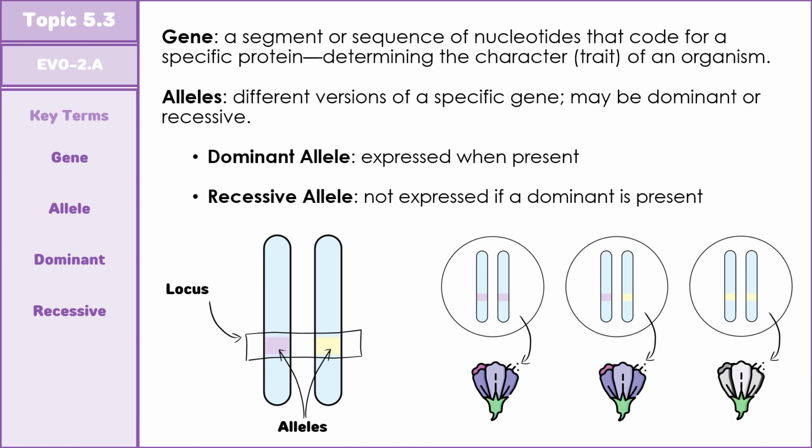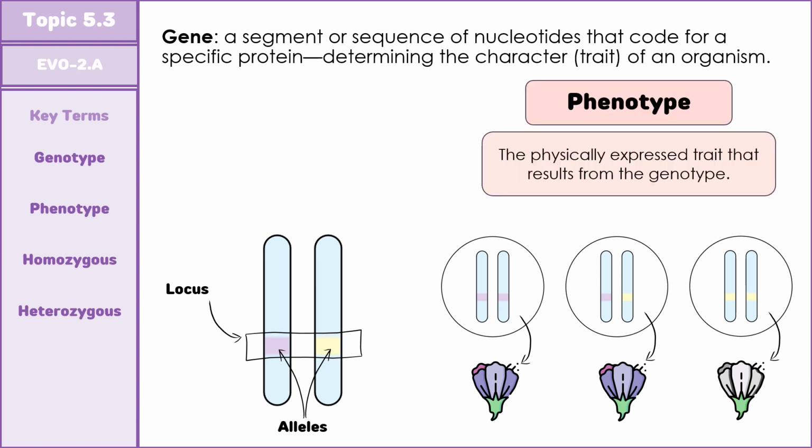So it's this outcome, these physical traits that are expressed, that we call the phenotype. I like to associate the term phenotype with physical because that reminds me that these are what we see or what we're able to measure coming from an organism. It's not the code itself, it's the programming.